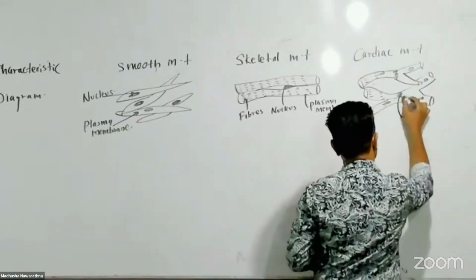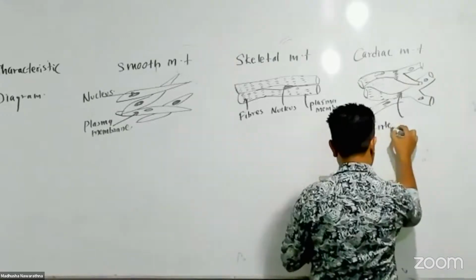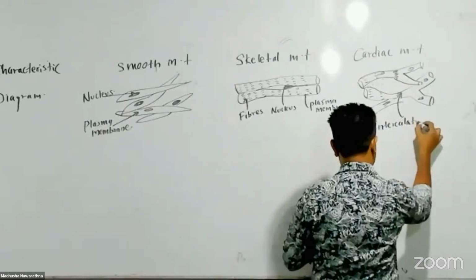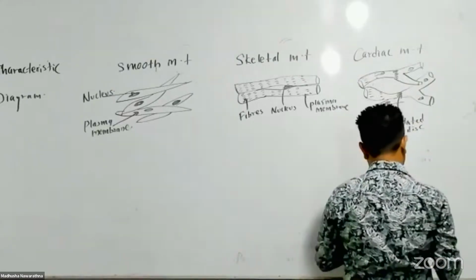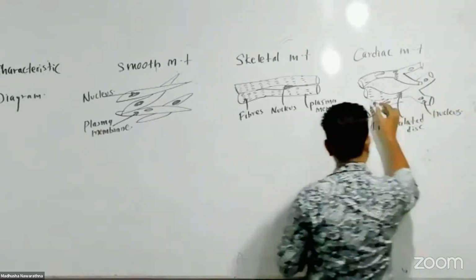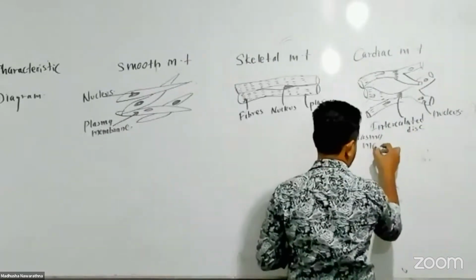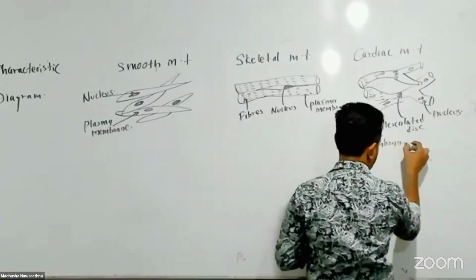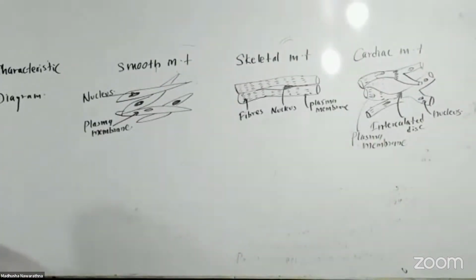You can observe a special thing called the intercalated disc: intercalated disc, nucleus, and then the plasma membrane. Right. Okay, that's the diagram. Draw it quickly. Then we'll discuss one by one.